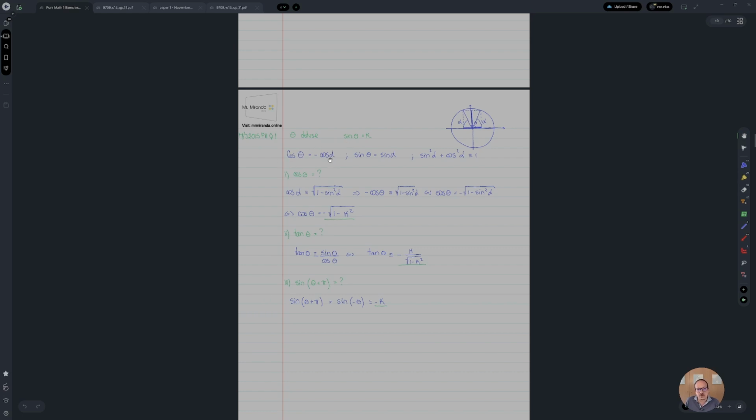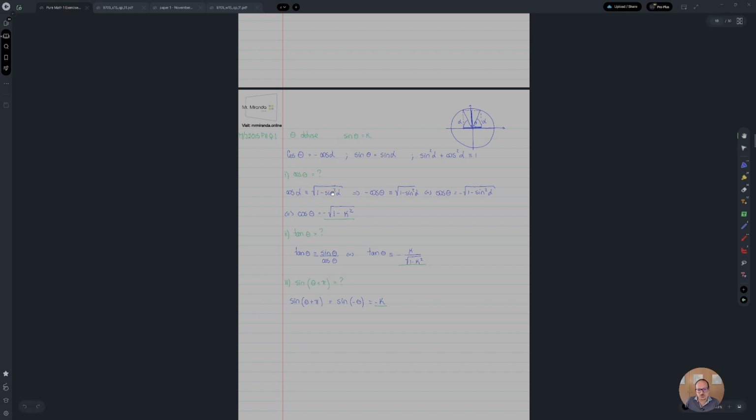And the cosine of alpha is very simple to measure, just using this. The cosine of alpha is going to be the square root of 1 minus the sine squared of alpha. And sine of alpha is the same as the sine of theta. Make sense? And sine of theta is what? It is k.